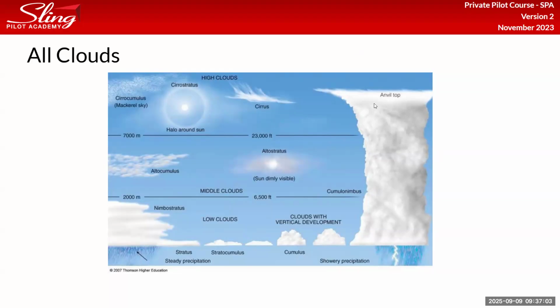So this is just an interesting picture. Has anyone heard of an anvil top on top of a cloud, or remember it from King School? Anyone remember anything about it? We'll get into it later, but this is the top of a vertically developed cloud that is basically sheared off by the jet stream.